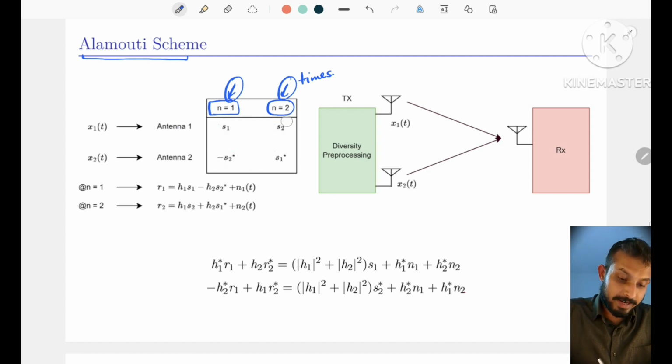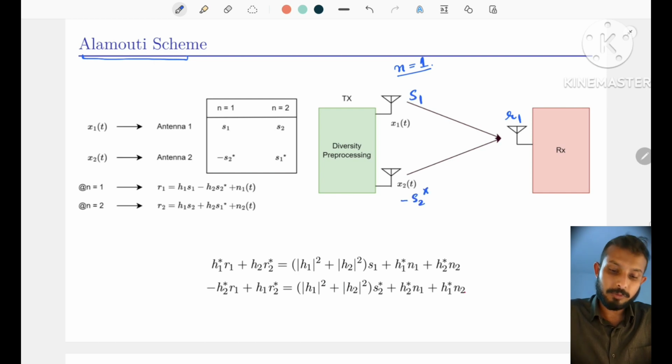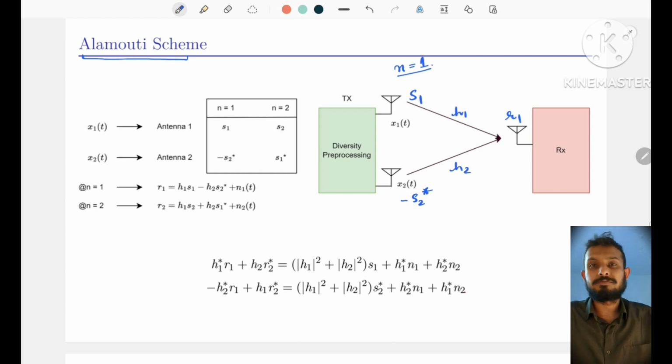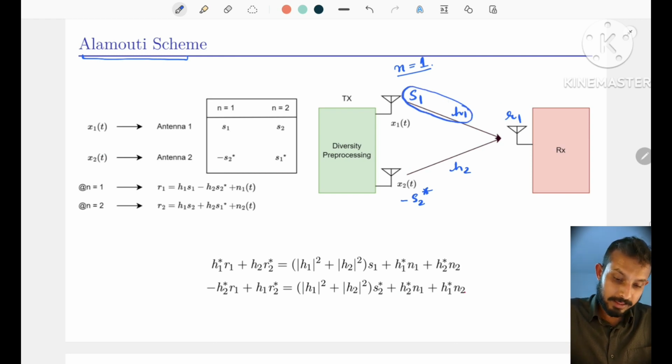Then we can write the received signal equation at the receiver. We first have R1. What we have sent at time n equal to 1 is S1 from antenna 1 and minus S2 conjugate from antenna 2, and then we have channel H1 and channel H2 here. So we can easily write the received signal equation. We have H1 times S1, plus minus S2 conjugate times H2, plus noise.